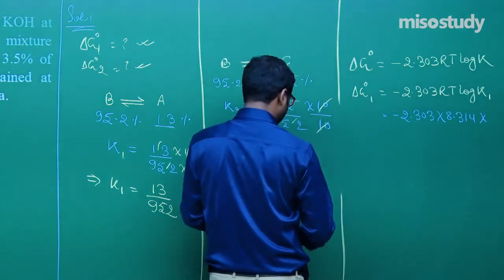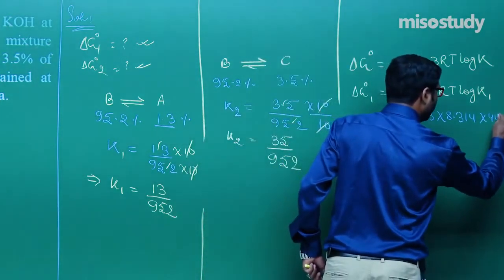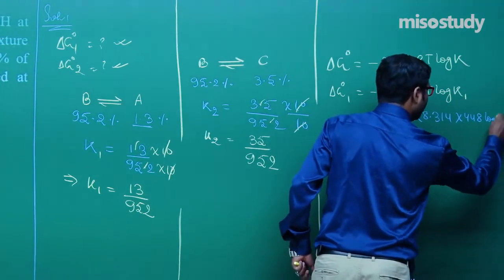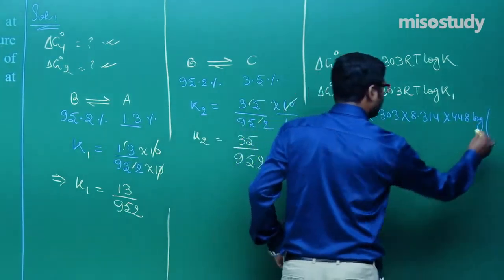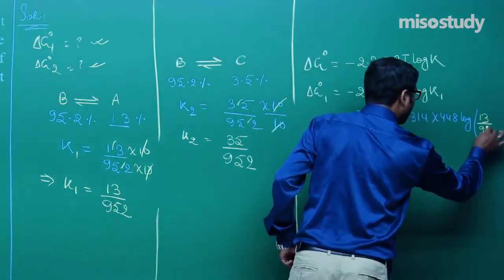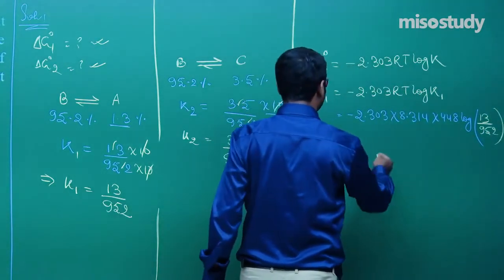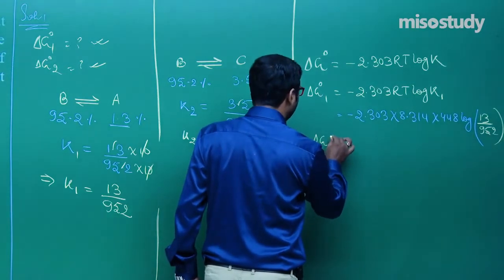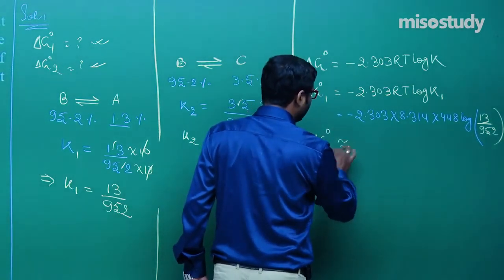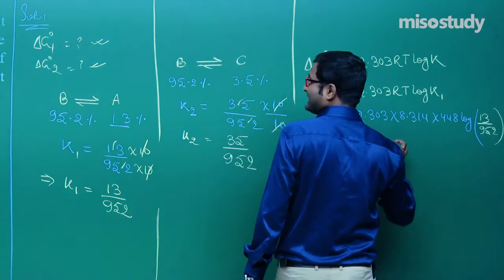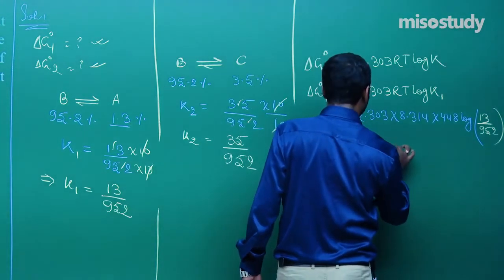Now put this value, that is 448, log, what is the value of K1 according to the question? 13 upon 952. Is it visible to you? 13 upon 952. Now after solving, what will happen? We will get the answer around 16 kilojoule.